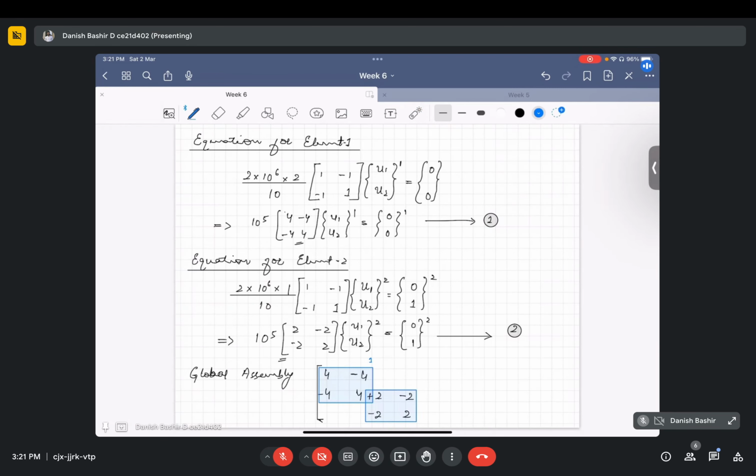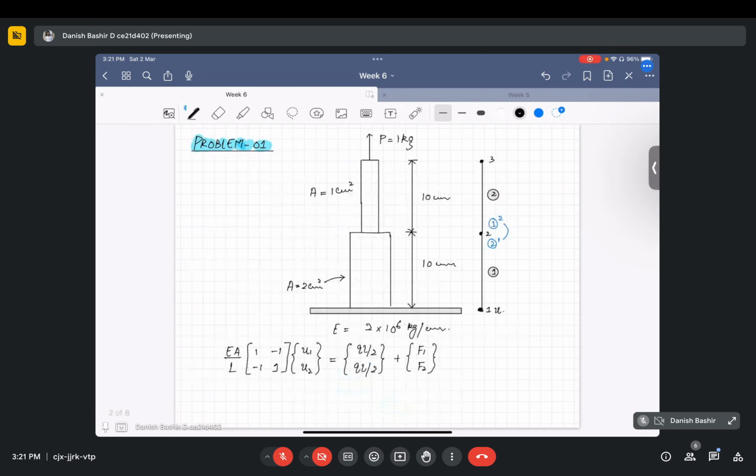Now we will get a 3 by 3 matrix. The rest of the entries you have to set equal to 0. Here it will come out to be 0. This is 1. Then there is one common factor, 10 to the power 5, which will come outside. And now here you have to carefully write U1 global, U2 global, and U3 global.